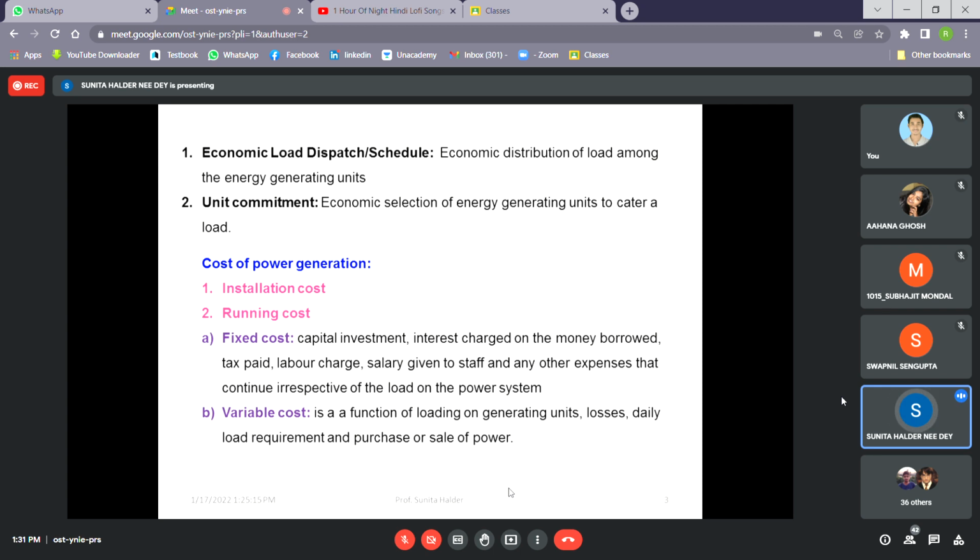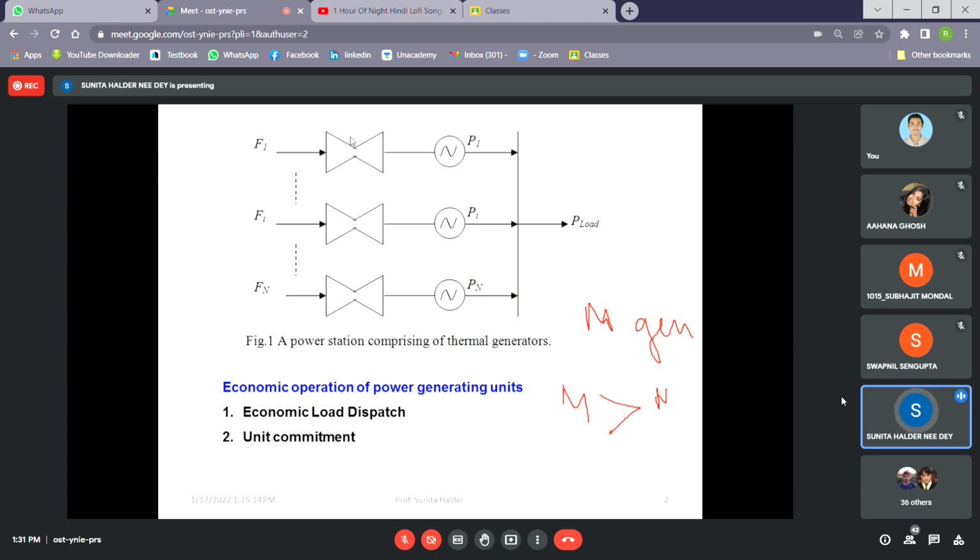And one more thing I shall mention here. In economic load dispatch, these generators may be of different types. And in modern economic load dispatch, there is solar, wind, along with thermal, hydro, everything. But generally, conventionally, we do economic load dispatch for the thermal power plant, because for hydel power plants, the cost is very minimum, and the modeling for the nuclear power plant is different.